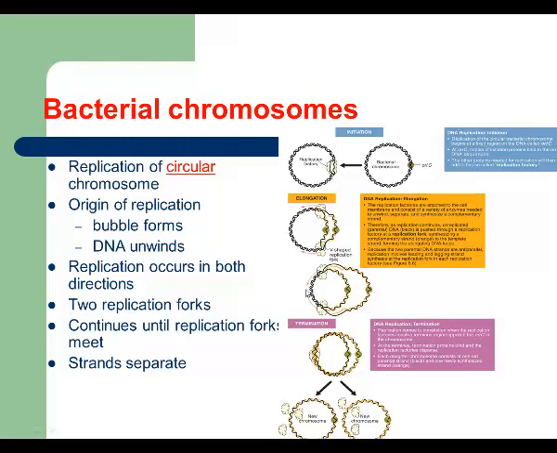We call this point the termination point. It means two copies of DNA are made, and then the two strands get separated, and each new chromosome molecule will be made of one new strand and one old strand.